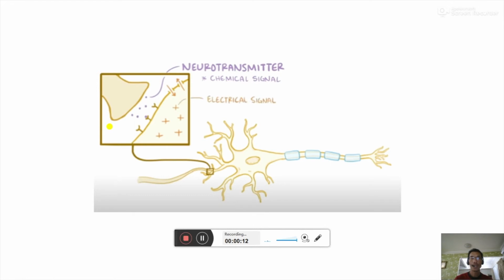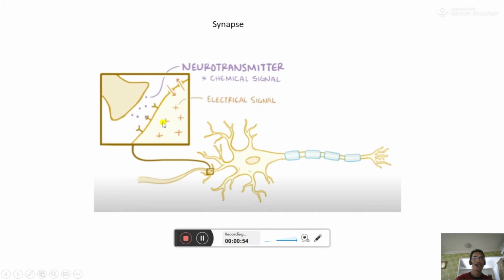And this is the view of the synapse. You will see here this is the dendrite of one neuron, and this is the dendrite of another neuron. The space is the neurotransmitter, a chemical signal. The electrical signal goes through here and arouses the neurotransmitter, which is a chemical signal. The reaction here will open some door to let some chemical change in.